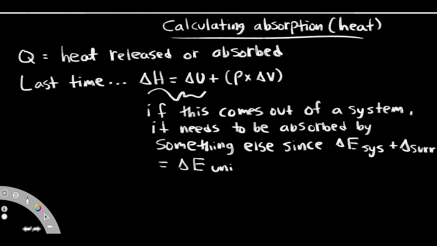Let's have a look at delta H then. We got it from up here, and delta H is going to equal Q. But we've established that if this is the system and it's giving off energy to the surroundings, let's label it as the system, then this has to be a negative value.